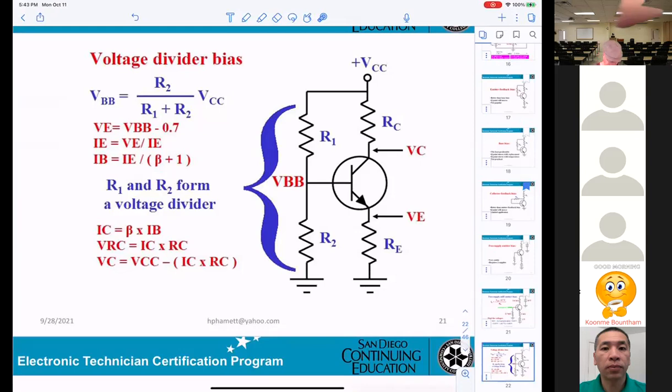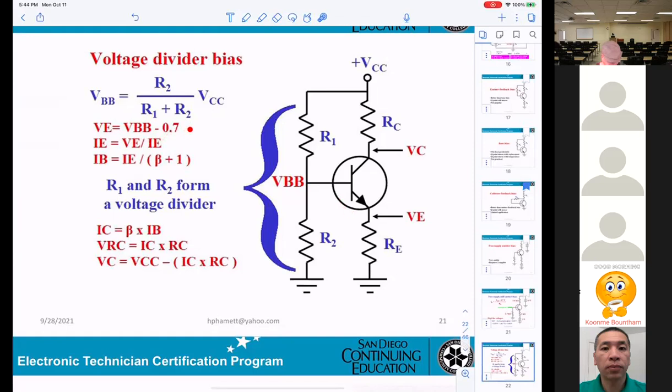To calculate VBB, you use the voltage divider here. After you get VBB, you want VE. Between the base and the emitter you have a diode drop of 0.7 volt, so VE is the difference between VBB and 0.7.